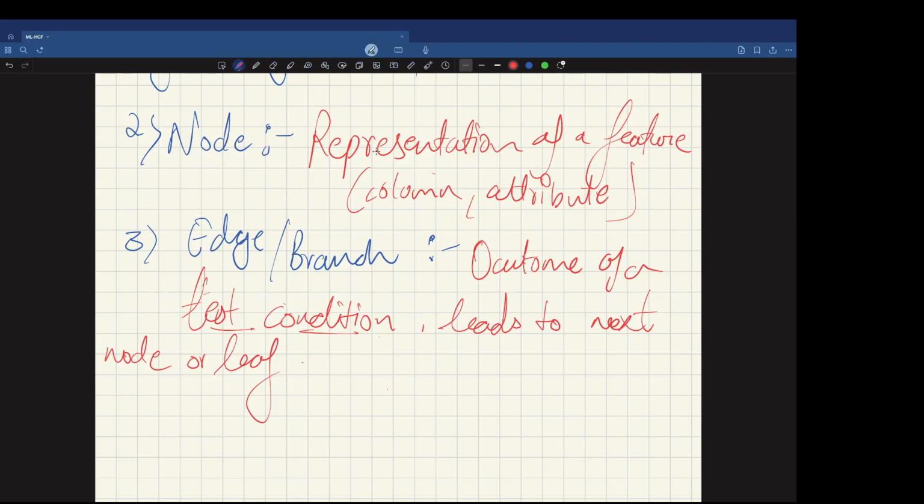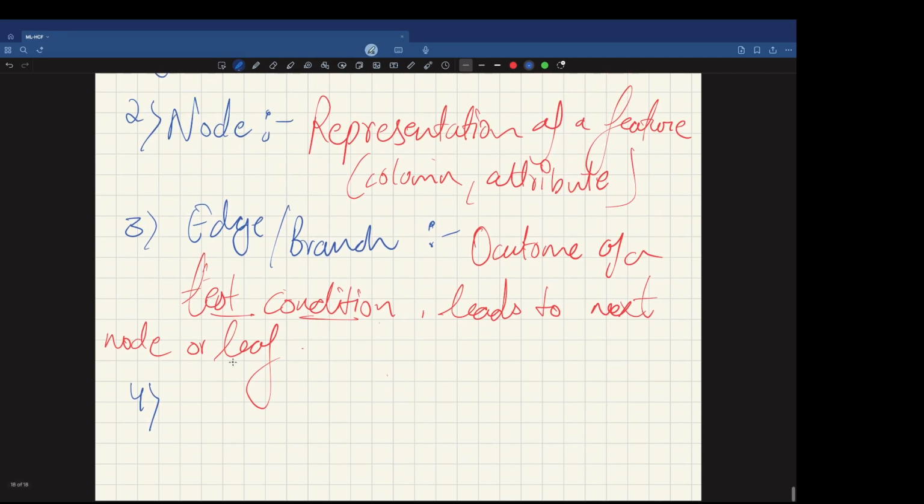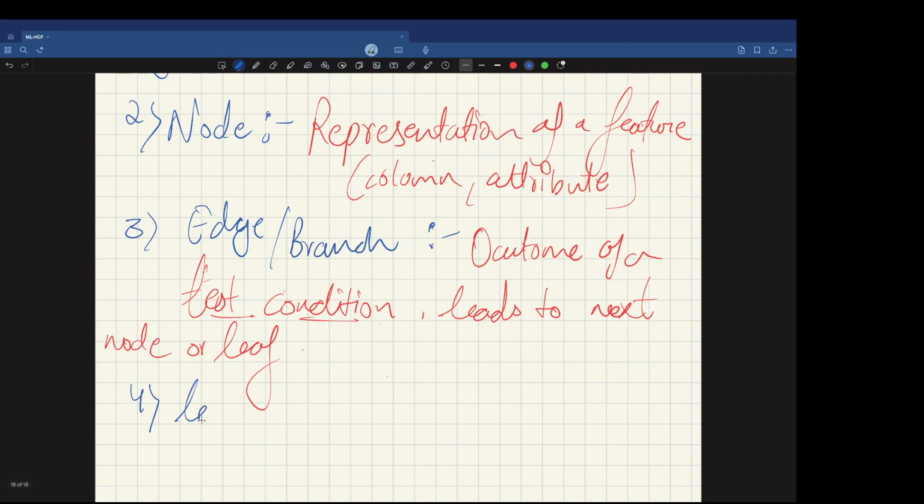That is your fourth part. That is your leaf, meaning terminal node. So what is terminal node?